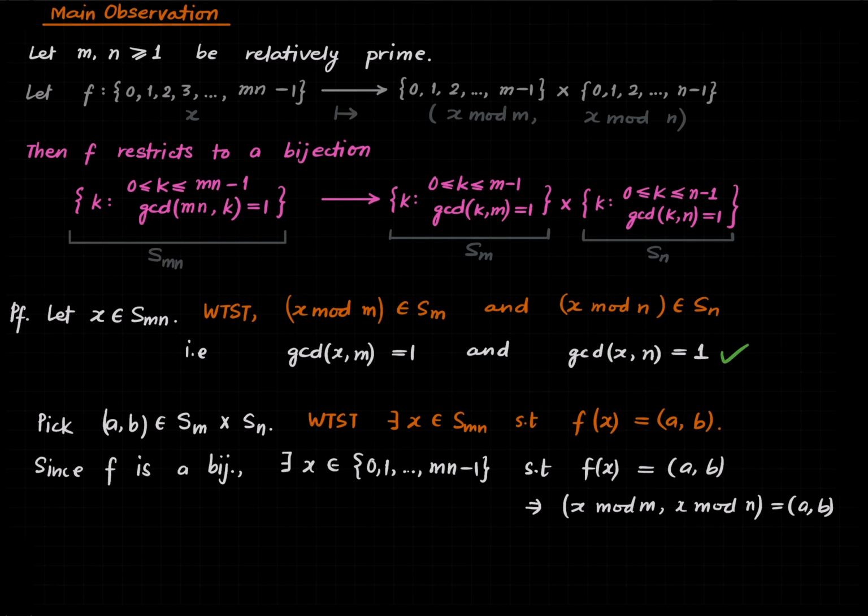So thus, maybe I'll write every step. This implies that x mod m is a and x mod n is b, which, since a is relatively prime to m, hence so is x, and b is relatively prime to n, hence so is x. So the GCD of x with m and n is 1.